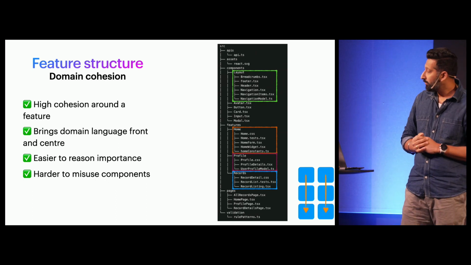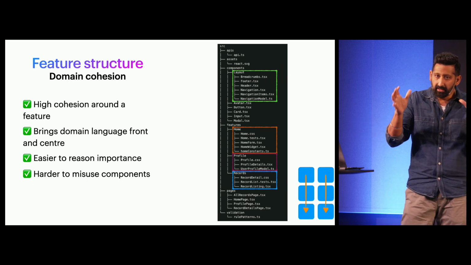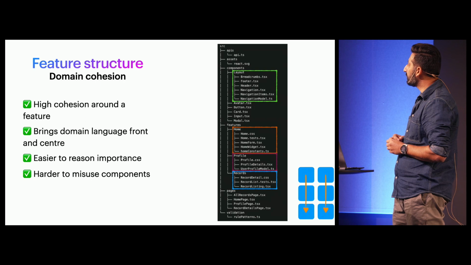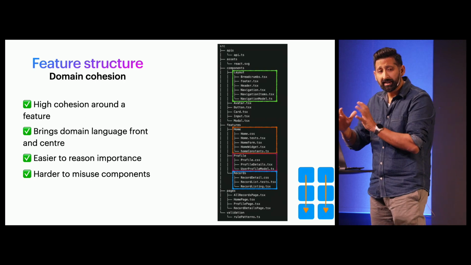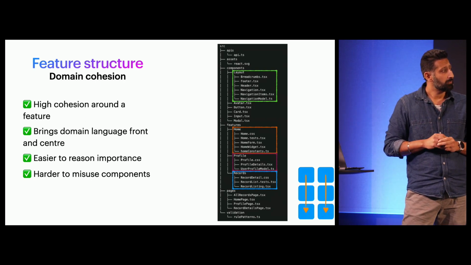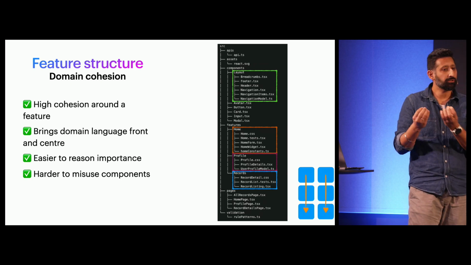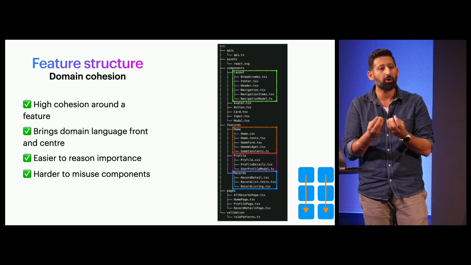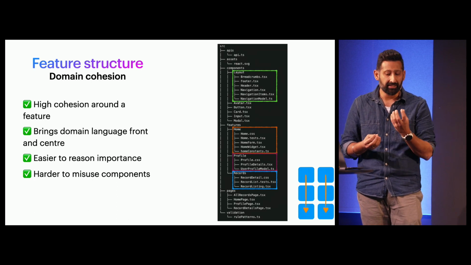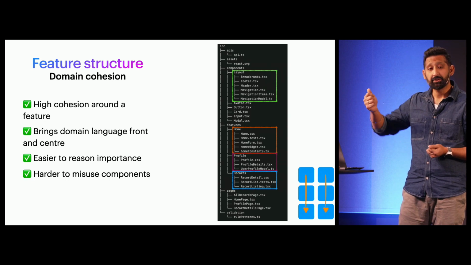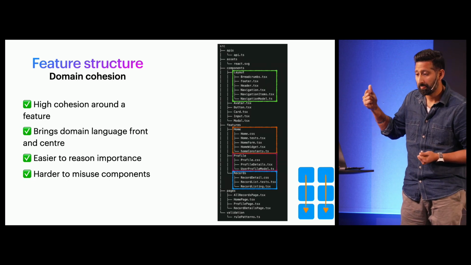Basically, because you're living in this one folder, and you're building out your feature, when you need a supporting UI component, you introduce that within this feature. You don't automatically think, okay, I need to introduce a UI component, I'm going to put it in the components folder. That's a generic dumping ground, if you will.